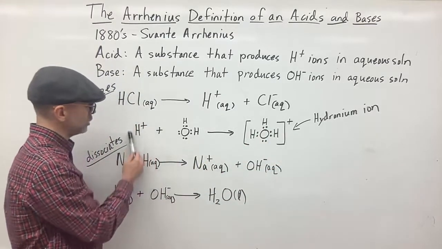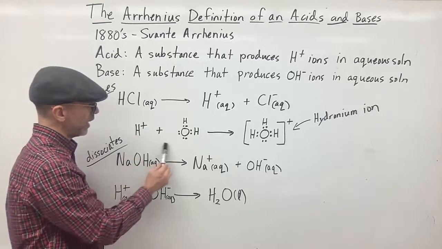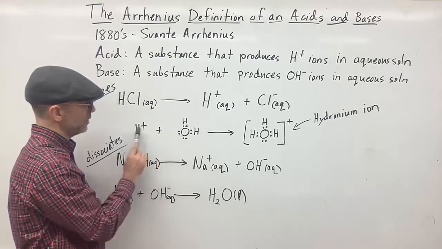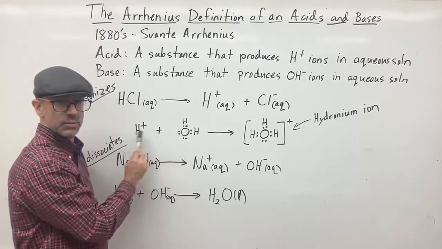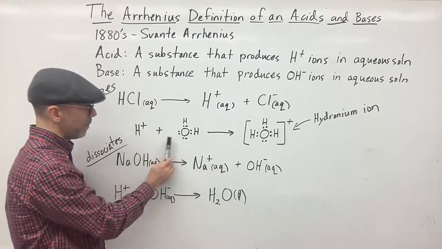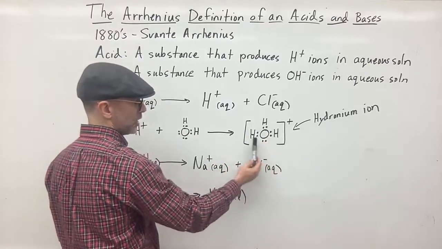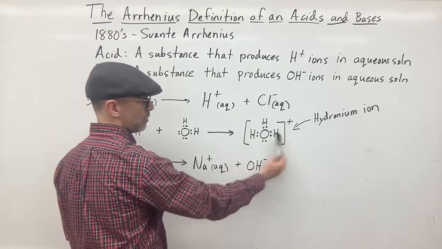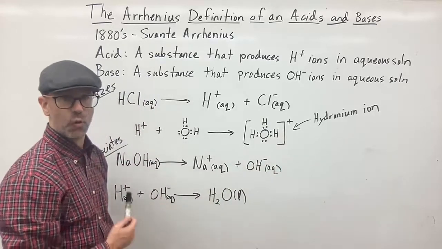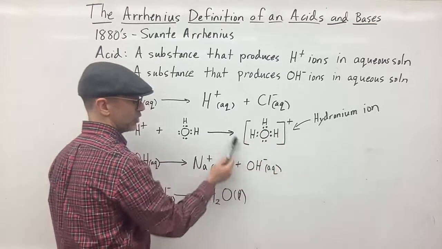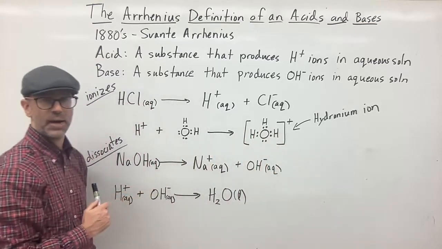So the H+ is going to bind with the lone pairs. So you have lone pairs here. It's going to be attracted to those lone pairs, bind with the water, and you see this H3O+. So you get the hydronium ion. That's what's formed in water. So all of the H+ is actually in the form of the hydronium ion.